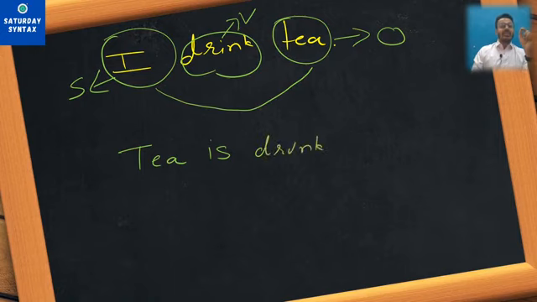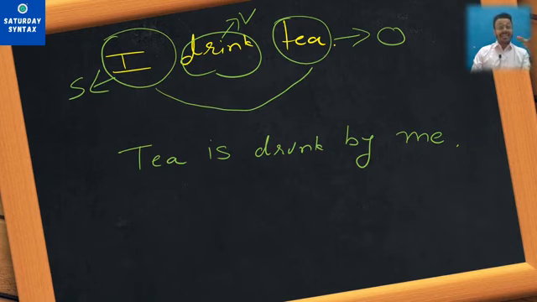Now we have to add the preposition by: tea is drunk by. And the most important thing, I. In the first step, I already told you to change the pronoun. So I will turn into me. So this is your answer: tea is drunk by me. How is comes particularly, you will see in the next video.